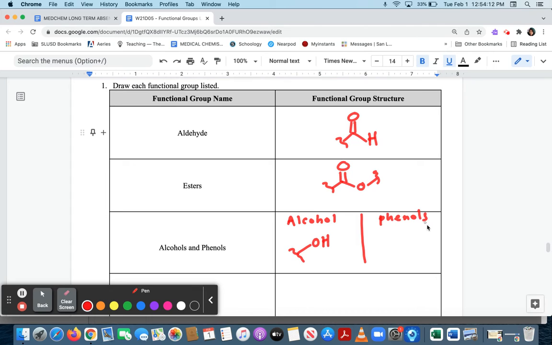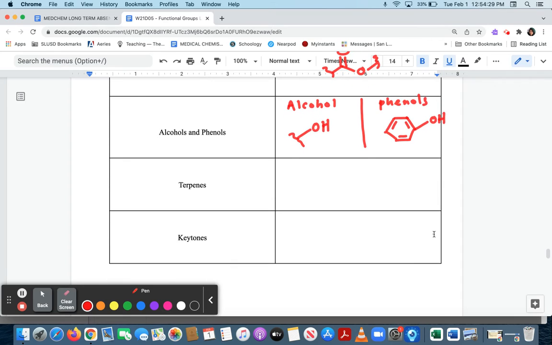Phenols smell kind of like herbs and they have this hexagon shape, which we call a benzene ring, with an OH group or an oxygen and a hydrogen directly attached. Terpenes look like this. Ketones, as mentioned earlier, have this particular shape, right?